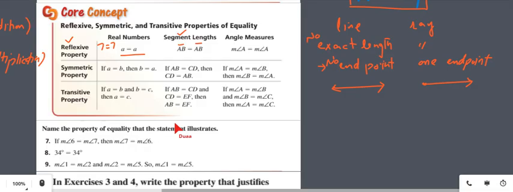Okay, and then we can apply it when we are measuring the angle. When we are measuring the angle, measure of angle A equals measure of angle A. What does it mean now? When we say measure of angle A equals measure of angle A, it means its angle measure.